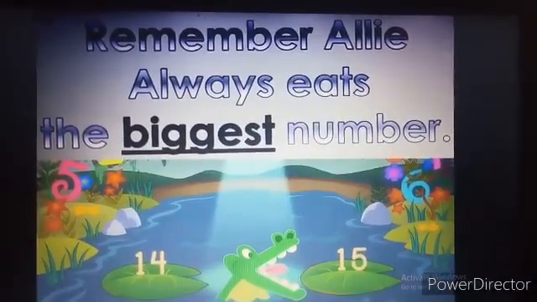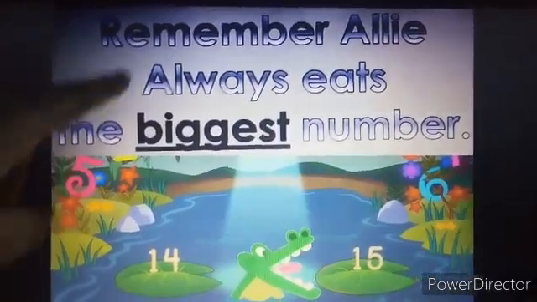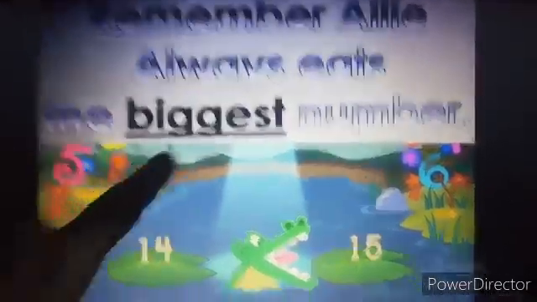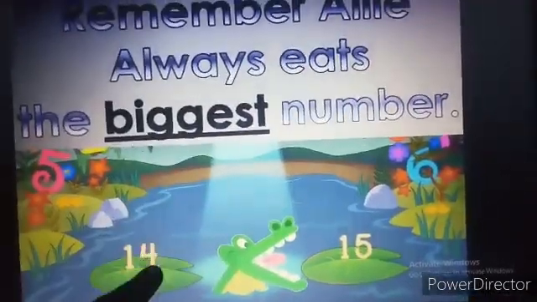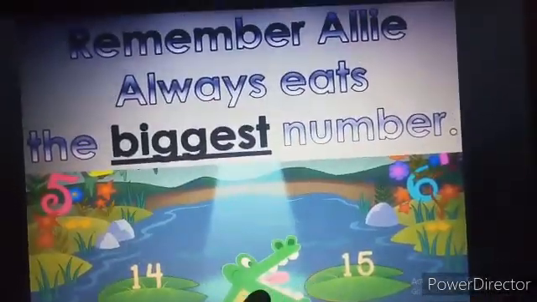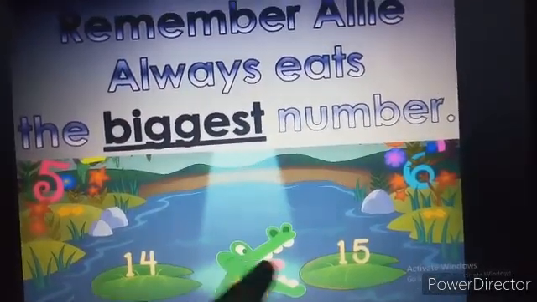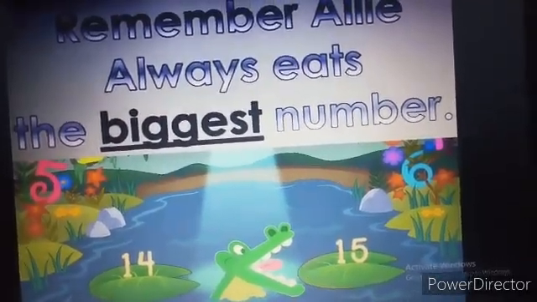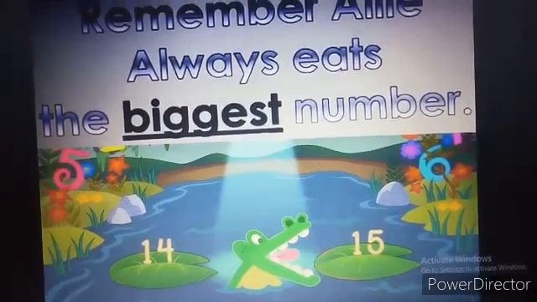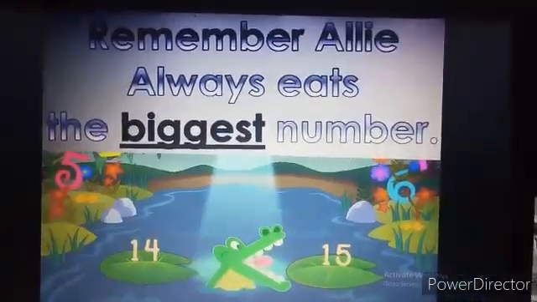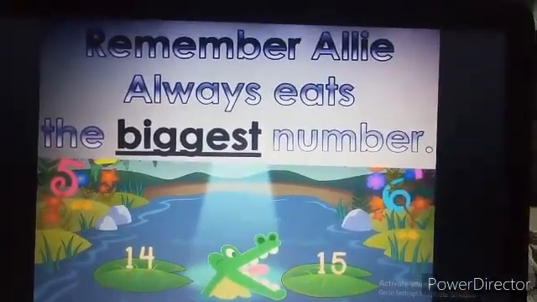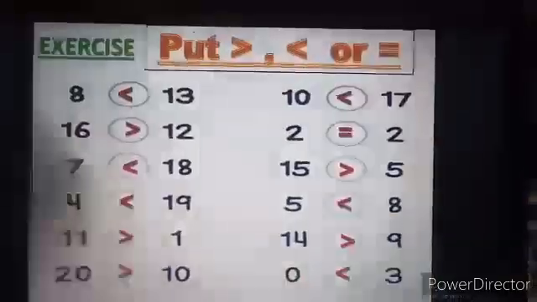So let me recall you once again that remember, Ali always eats the biggest number. Like 14 and 15, what number she will eat? She will eat the number 15 because it is the biggest one. Understood? So now let's move towards the exercise part.